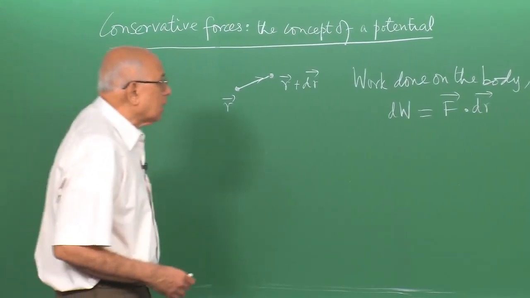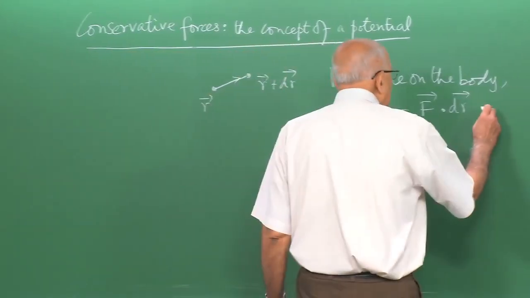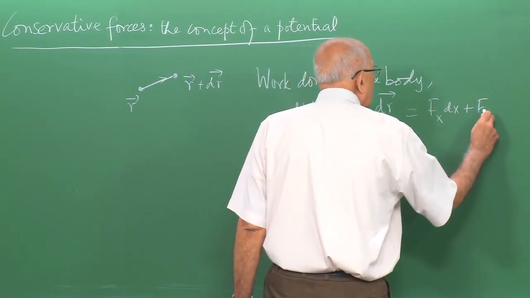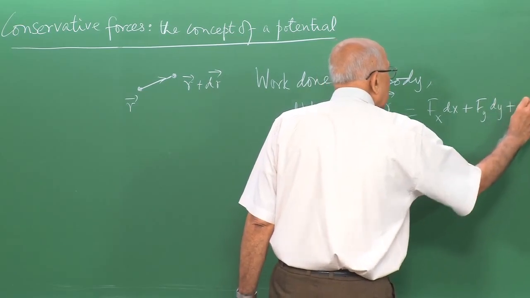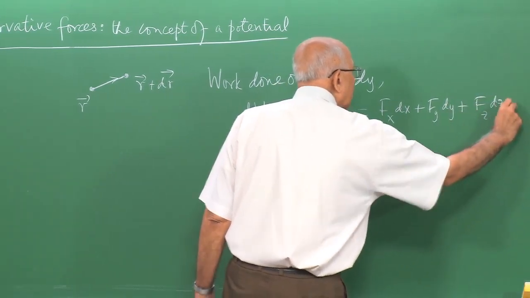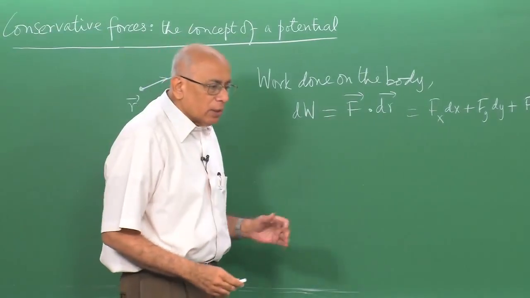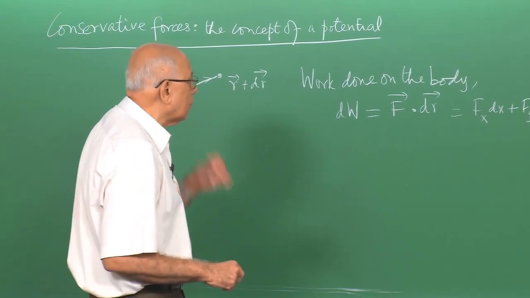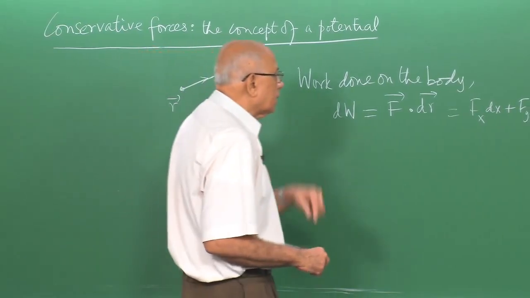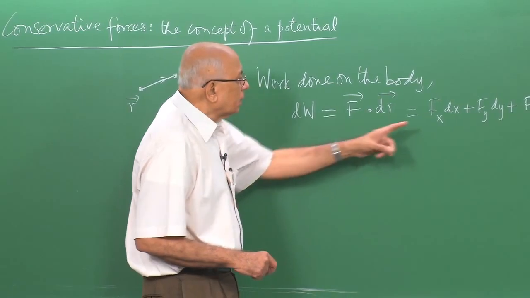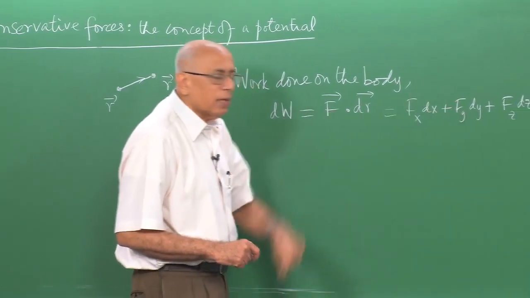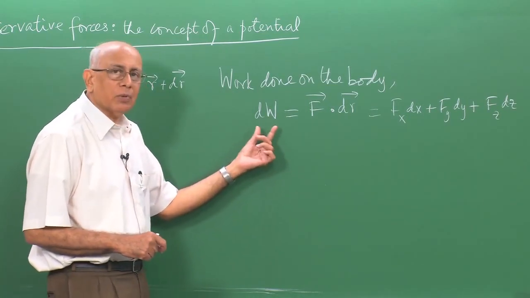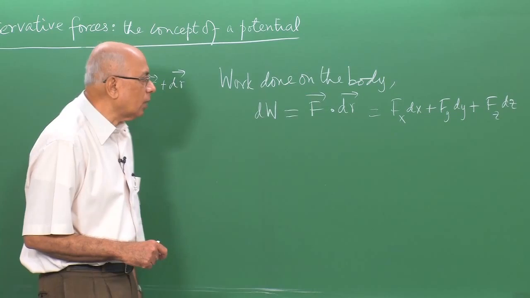So this immediately suggests, for one thing, that in Cartesian coordinates you could write this as Fx dx plus Fy dy plus Fz dz, remembering that dr in general can be decomposed along Ex, Ey and Ez, and similarly for F. So each component Fx, Fy, Fz is some kind of derivative of this infinitesimal amount of work with respect to the corresponding displacement.